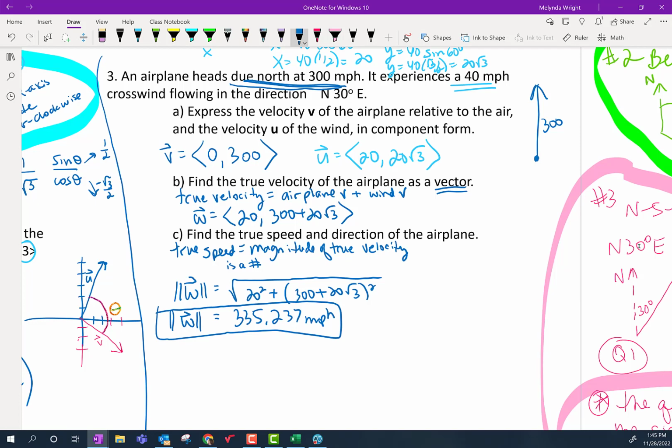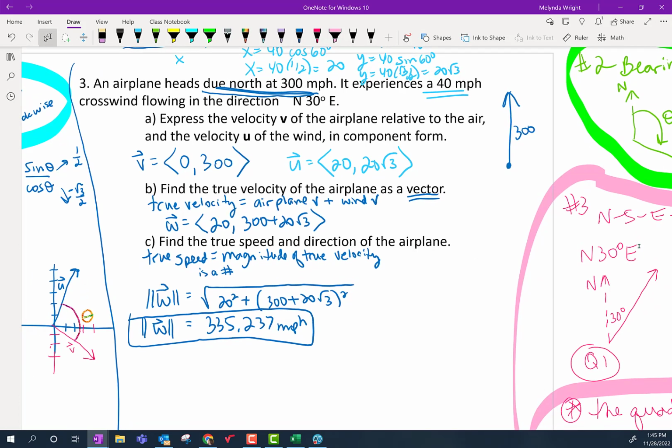The direction of the plane. Okay, let's write this out. Direction. We want to use the same form from what you were given. You know, we have three choices of how to do direction, right?